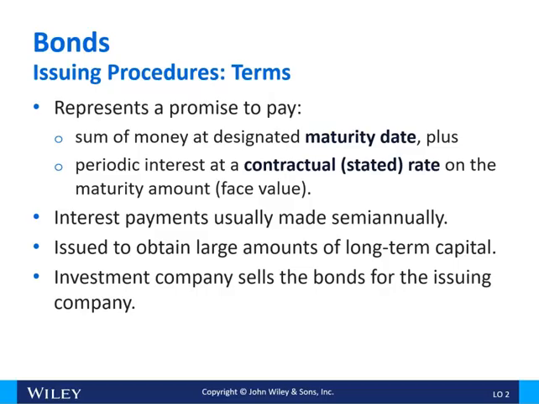Interest payments are usually made semi-annually or annually. Bonds are issued to obtain large amounts of long-term capital, so they're typically a long number of years, 5, 10, 15, 20 years. The investment company sells the bonds for the issuing company.